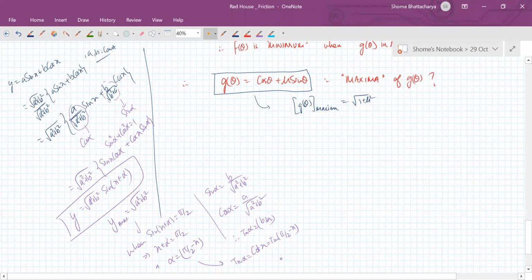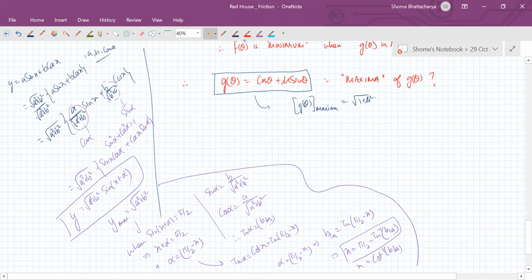So alpha equal to pi by 2 minus x means that b by a is equal to tan of pi by 2 minus x, or x is equal to pi by 2 minus tan inverse b by a, or that is cot inverse b by a. So this trigonometric concept will apply over here.